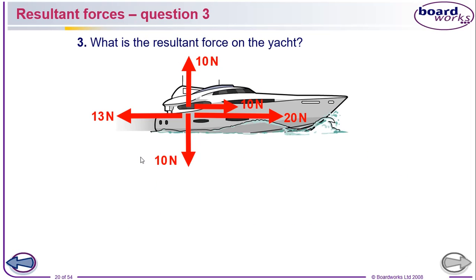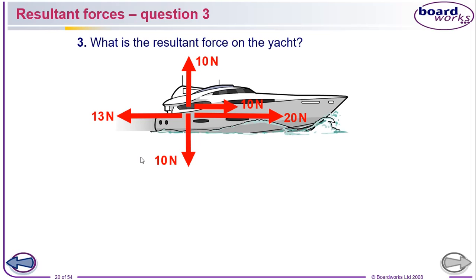Okay, now for this yacht, you have 10 and 20 newtons thrust, so totally 30, and the opposite force is 13 newtons. So now for the horizontal forces that affect the speed of this boat, you're going to subtract 13 from 30, so you get 17, right?